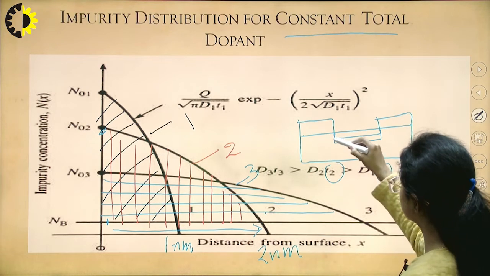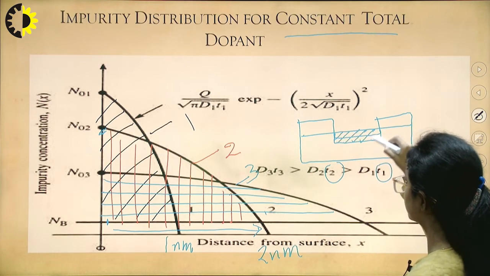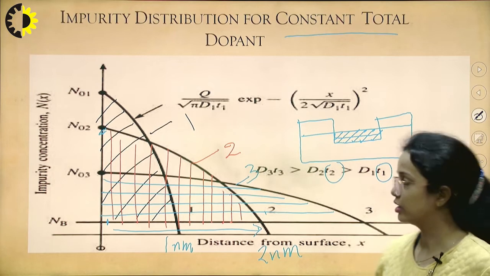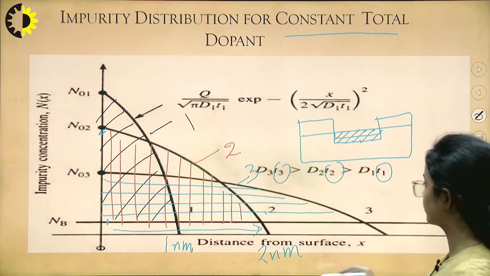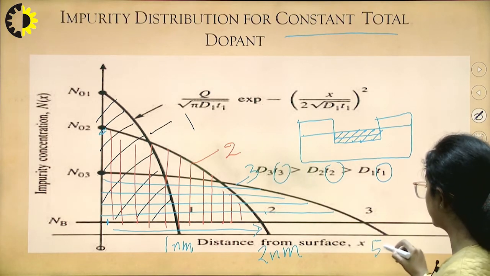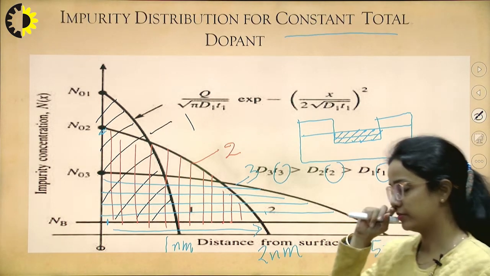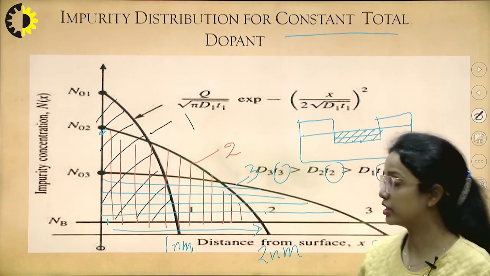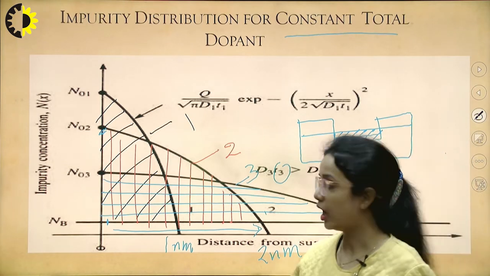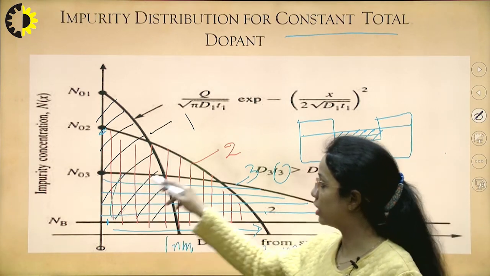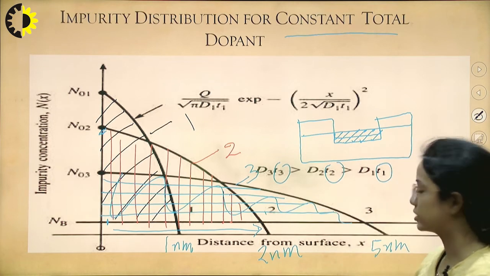So the concentration is uniformly distributed throughout the range of 2 nanometers. Let's say at T equals 3, we are at 5 nanometers. Here at T equals 3, that is 5 nanometers, again the dopant is spread over a range of 5 nanometers.